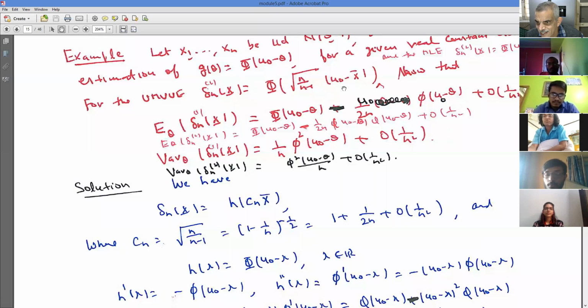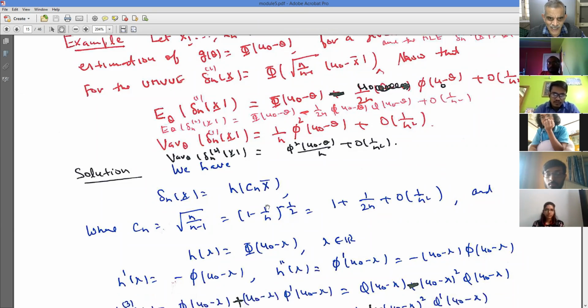I define a new variable Ti as u naught minus xi, and T bar is u naught minus x bar. Then delta n x becomes h of Cn T bar.